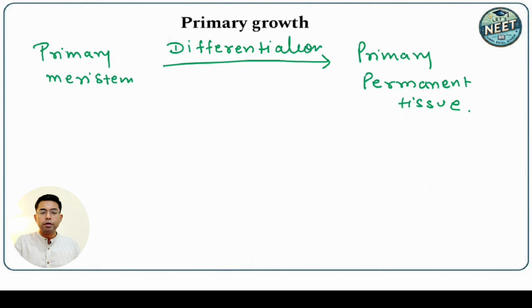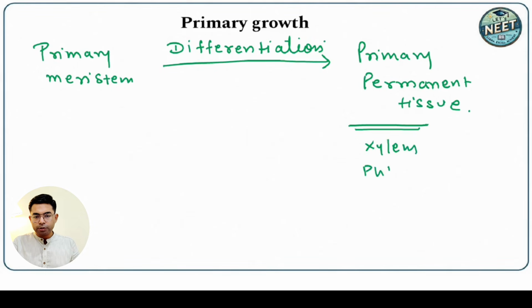So if I ask you, primary growth involves differentiation, true or false? Yes, primary growth involves differentiation. Does it require dedifferentiation? No. Does it require redifferentiation? No. Understood? So formation of primary permanent tissue is an example of primary growth. So formation of xylem, formation of phloem, formation of parenchyma, collenchyma, sclerenchyma, right?